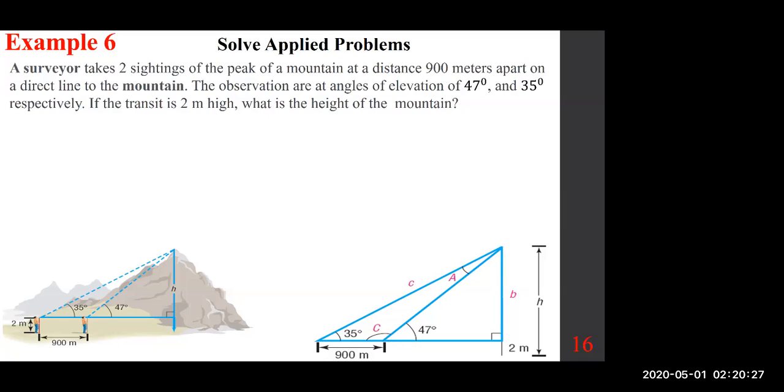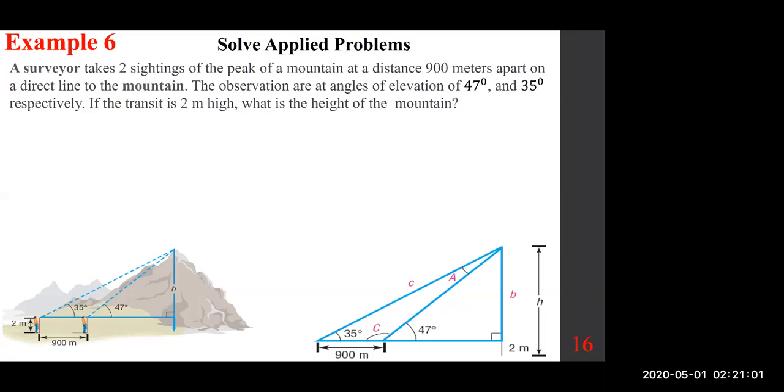Now on the diagram that is easy to read, okay? So pretty much the same thing here. We are interested in calculating the height H of the mountain, and the transit is 2 meters high. That's why we have that 2. And then we've done 2 observations, one at a 47-degree angle, one at a 35-degree angle.